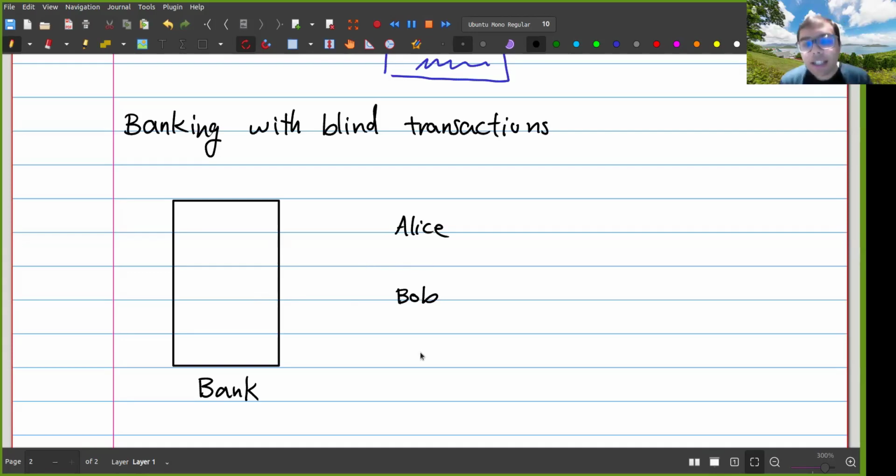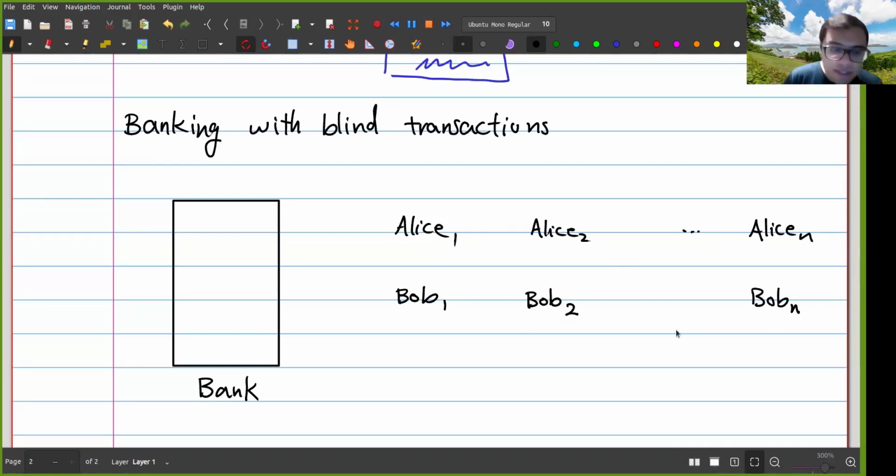So you can imagine that there are many different people who are making transactions. So I have, let's say, Alice 1, Bob 1, Alice 2, Bob 2, and so on, up to Alice N, Bob N. And let's say that all of these people have accounts with the bank.